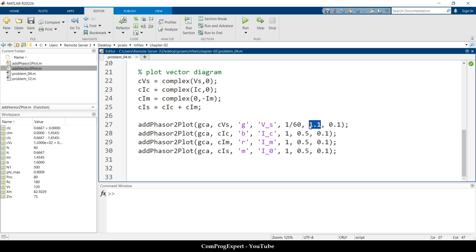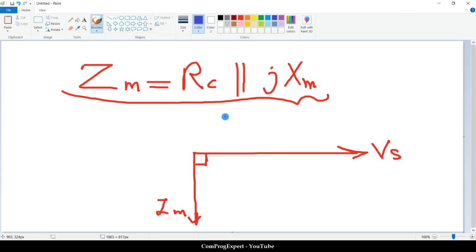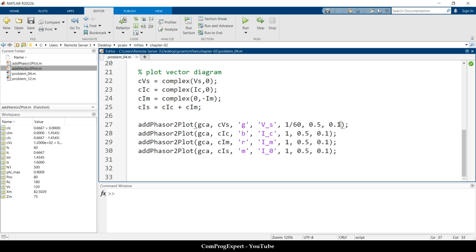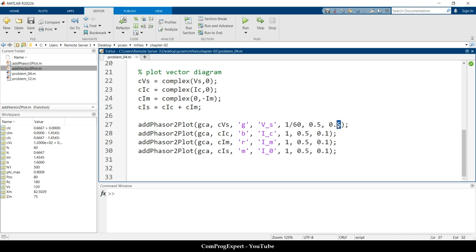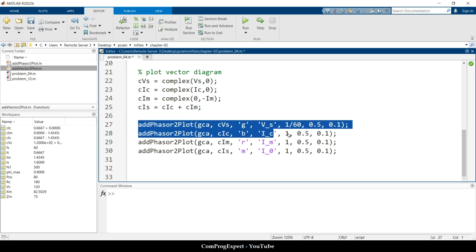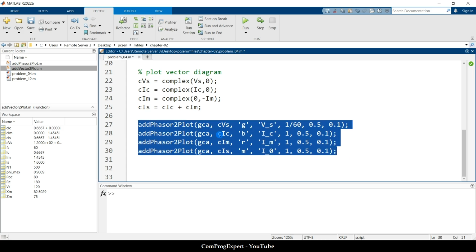And 0.1 is the thickness of this arrowhead. I considered it equal to 0.1. You can increase it. For example, if I consider 0.5, as you can see, we have this big arrowhead. Anyway, these are just a few inputs, and I generated the phasor diagram considering these quantities.